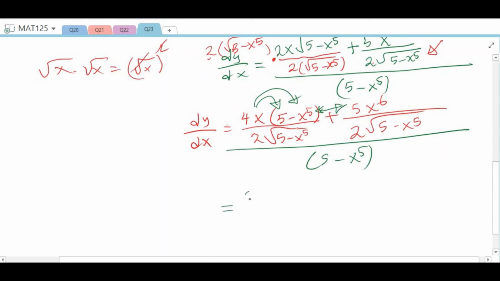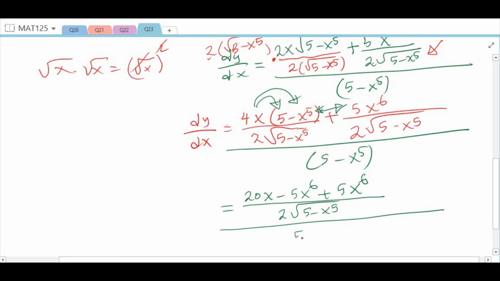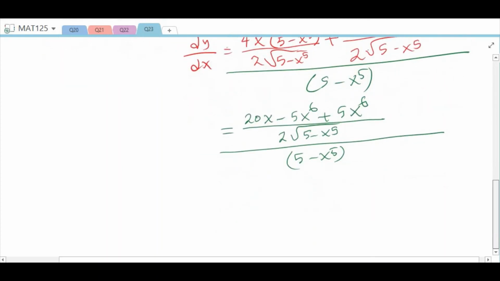So this will be 20x minus 5x to the sixth, I distributed, plus 5x to the sixth, over the common denominator, 2 square root of 5 minus x to the fifth. Everything is divided by 5 minus x to the fifth. Now this is dy over dx.